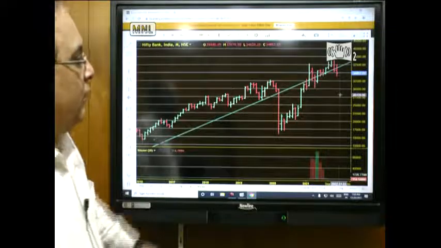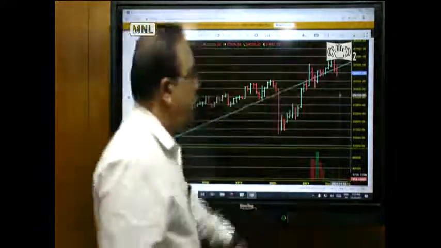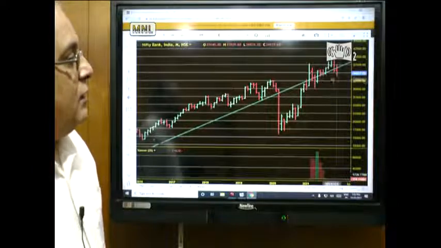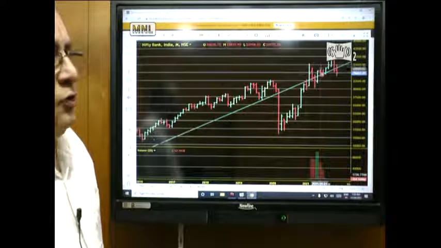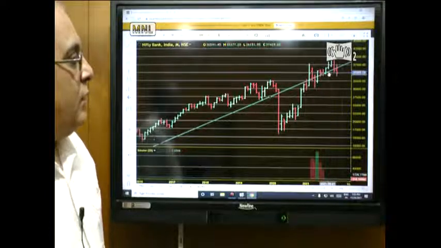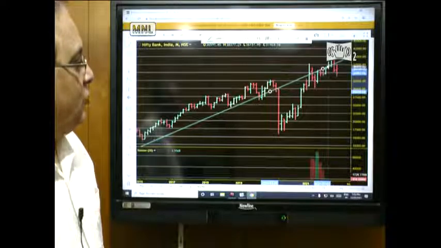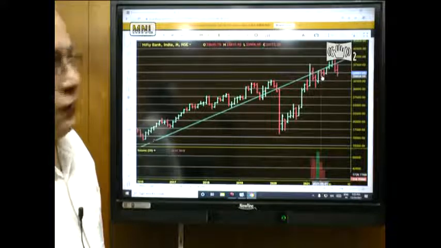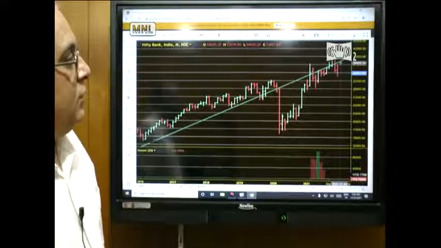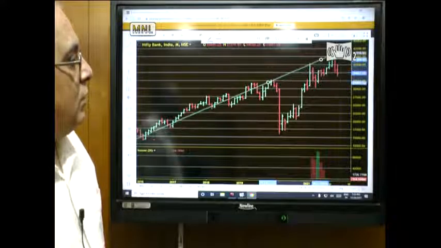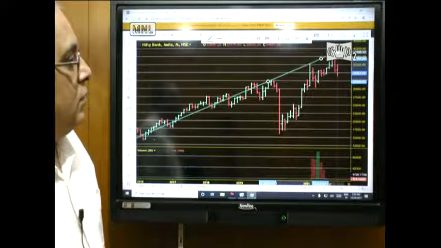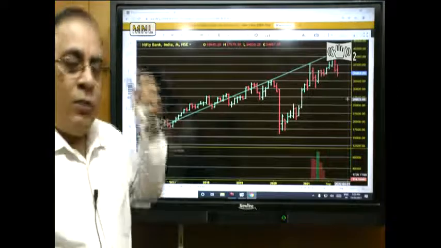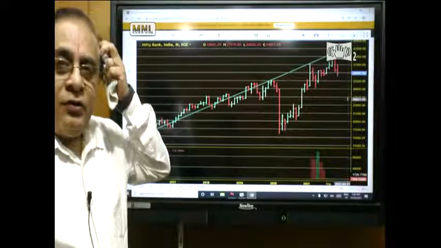Once that is broken, this particular trend line should have held, but since the market rallied very significantly above that, this itself became an area where there was some amount of support. Then we have resistance coming at this place. When you keep it at this pivot point, this became a resistance area. Now after that, of course, it moved up, right? So the trend lines are very, very effective in projecting where all the resistance and supports can come.